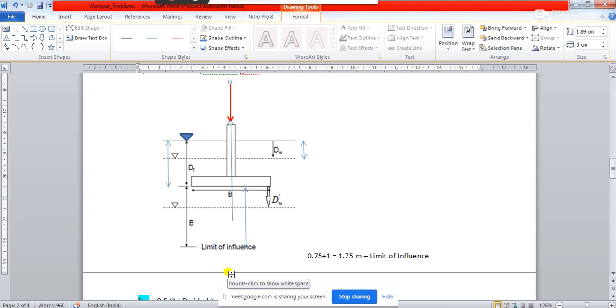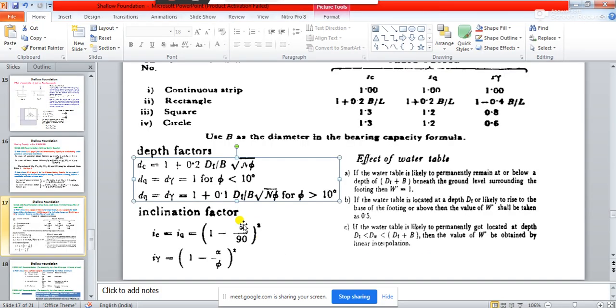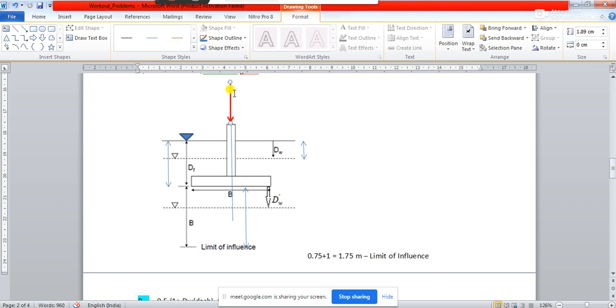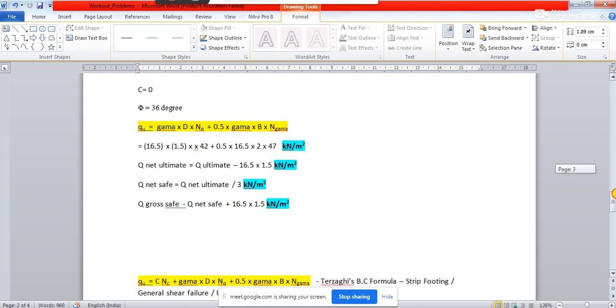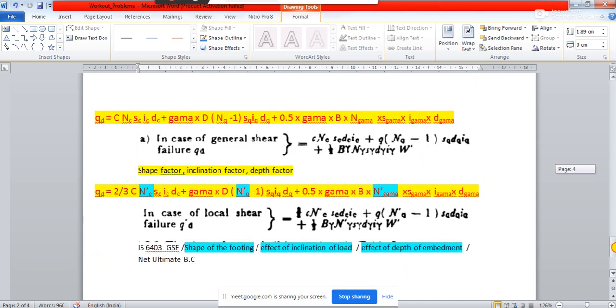So if this load is acting concentrically at the column level, then the values of the factors IC, IQ and I gamma are going to be equal to 1. If the load is acting vertically on the column, you need not apply the IC, IQ, I gamma factors.